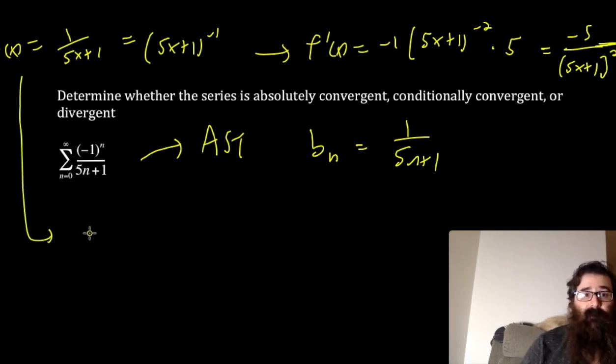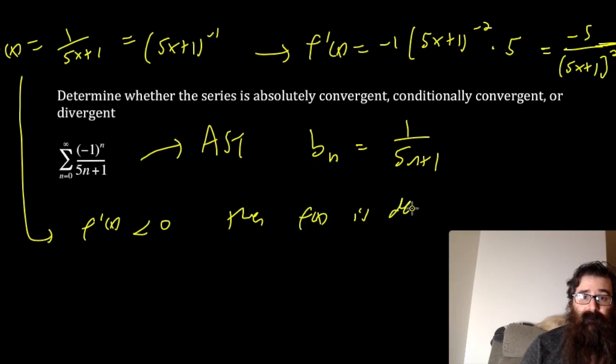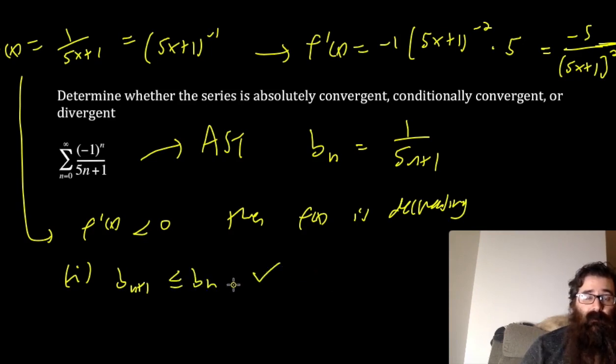The derivative is negative. So f prime of x is negative, which means f of x is decreasing. So the first condition, b sub n plus 1 is less than or equal to b sub n, checks.